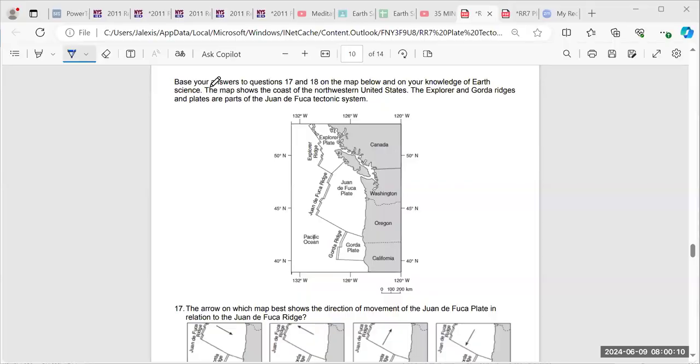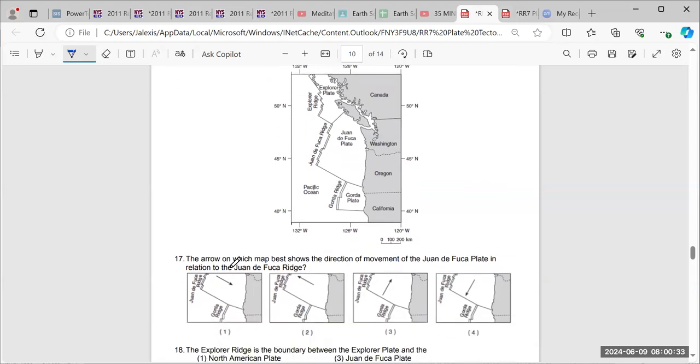All right, it says base your answers to questions 17 and 18 on the map below and on your knowledge of earth science. The map shows the coast of the northwestern United States. So they're giving us an idea where it is. The Explorer and Gorda ridges are part of the Juan de Fuca tectonic system.